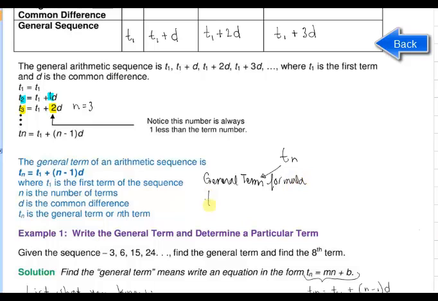That means T subscript n equals T1 plus n minus 1 times D. The other way to look at it is as the nth term, so the value of the nth term. And sometimes that's going to mean the last term in our sequence. Okay, so that concludes this discussion.